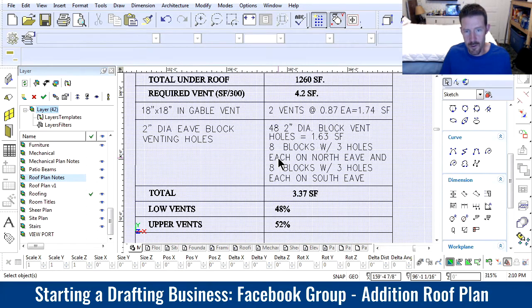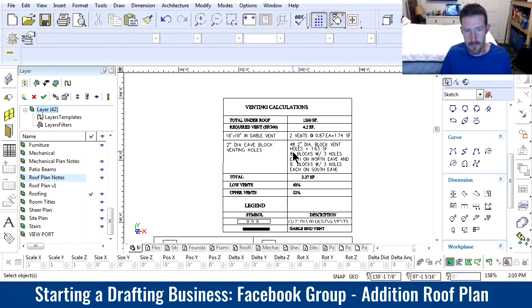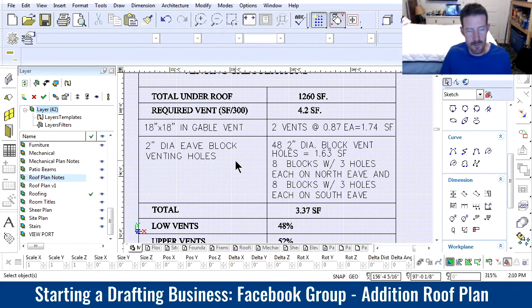And then we need to put something about the addition in here and what's required for it.